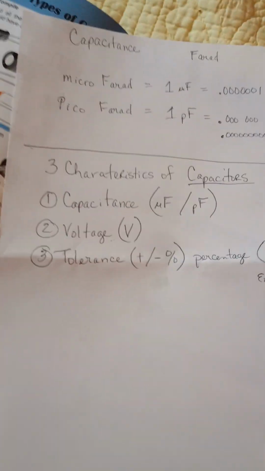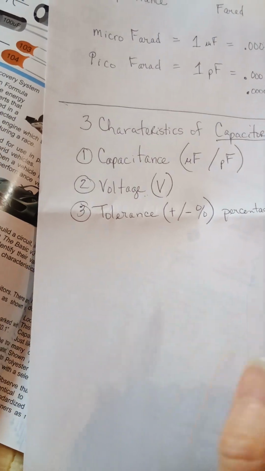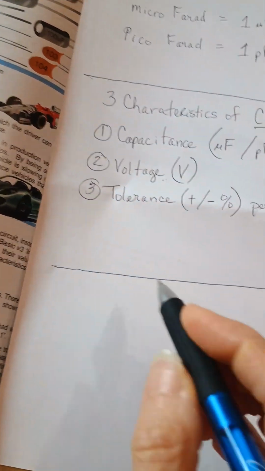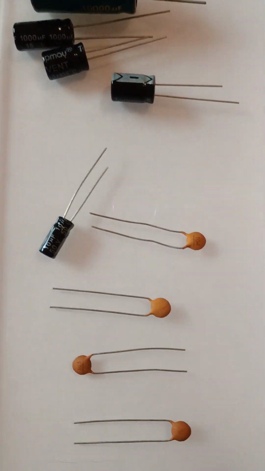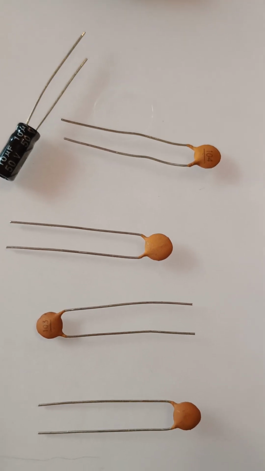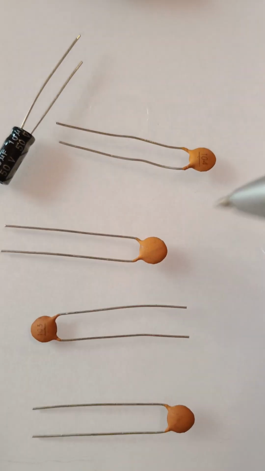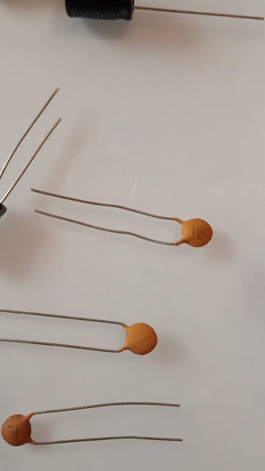Okay, so I'm going to draw a line right here in my notes, and we're going to look at our first capacitor. Remember we looked at our ceramic capacitors? Right here we had one at 103, and then up here we have one at 104.